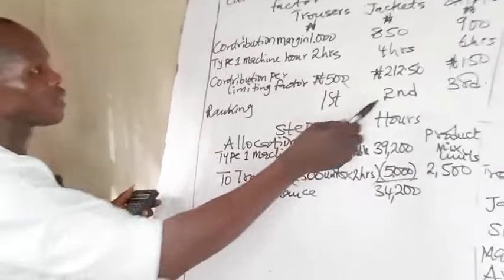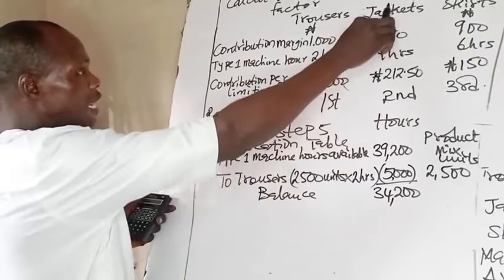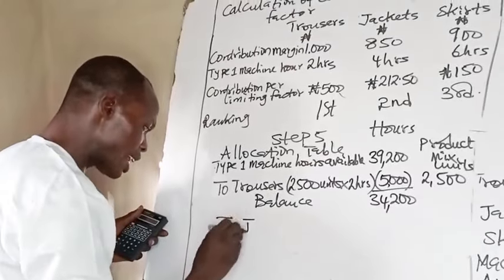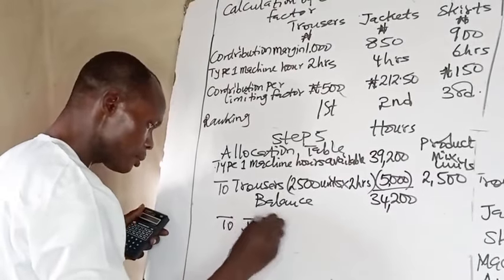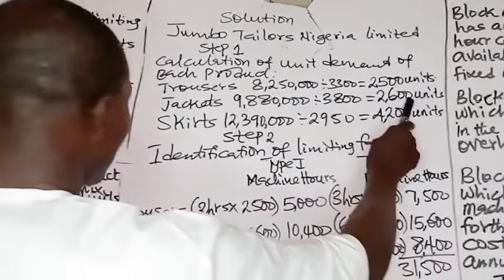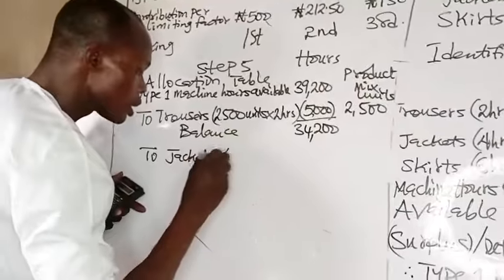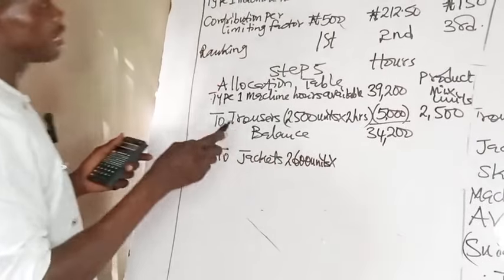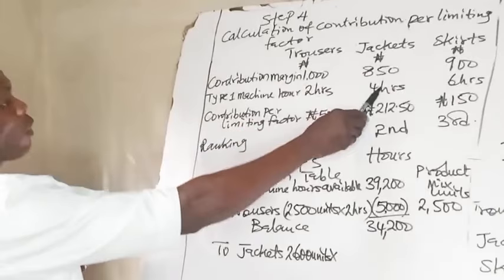Then the one that is ranked second is jackets. So we now have jackets. How many units of jackets were demanded? You have 2,600 units. To produce a unit of jacket, you will require 4 hours.